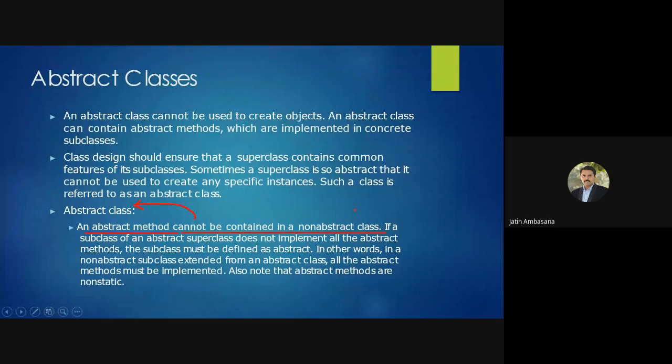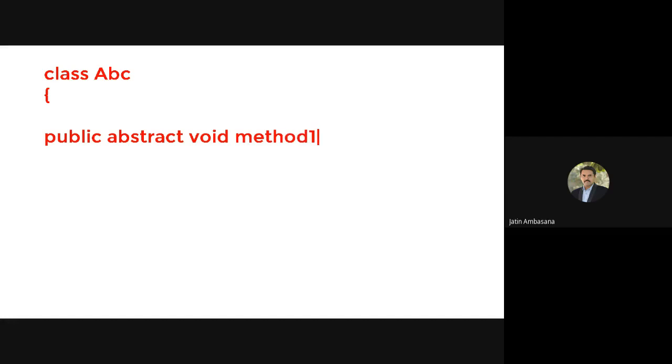Okay. So if it's something like this, you are making a class. Let's say I have a class ABC. Now I have a public abstract method. Now see, an abstract method means it does not have a body, not even empty.